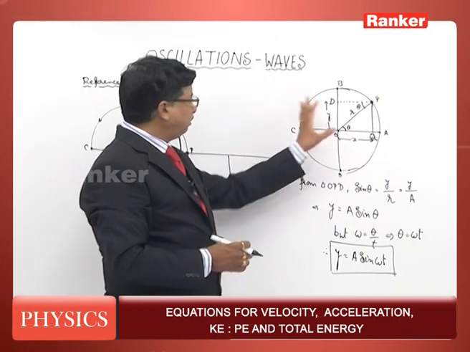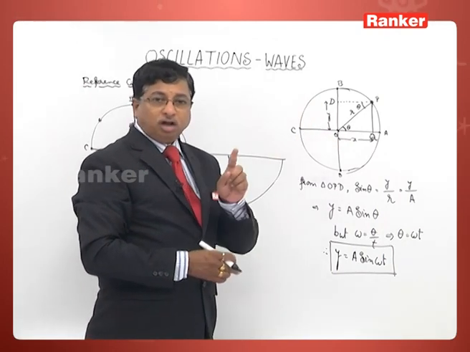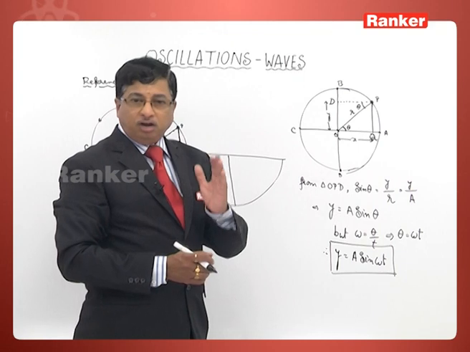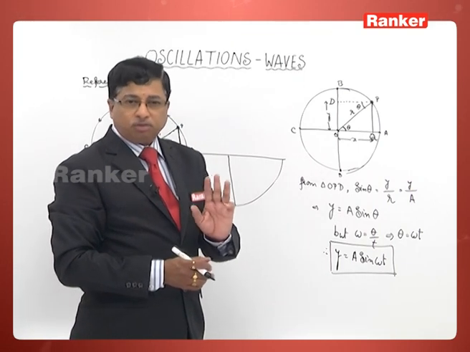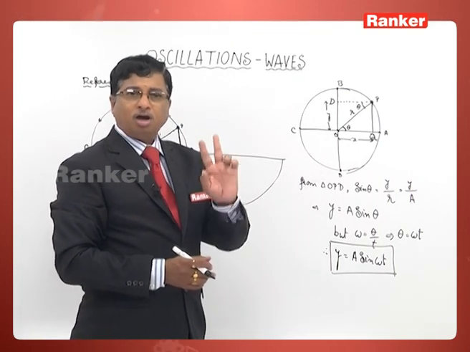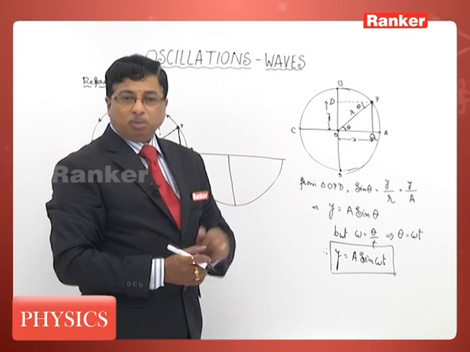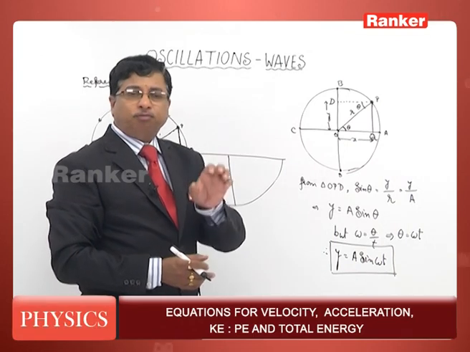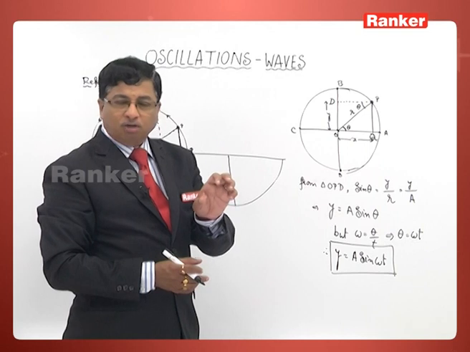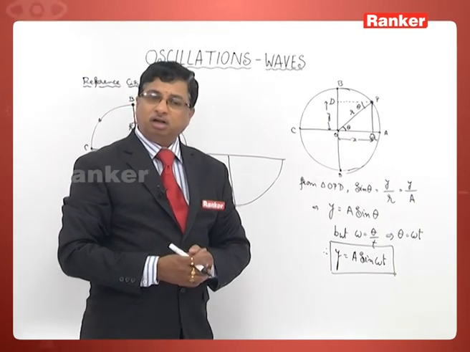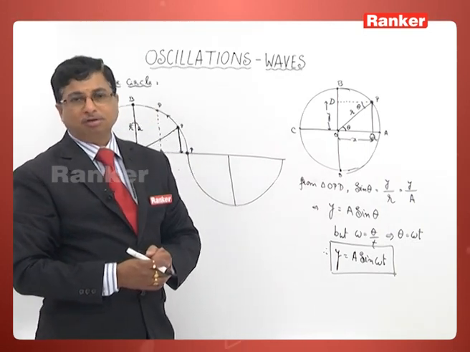So, when we consider this reference circle, it not only gives us the relation between rotatory motion, oscillatory motion and wave motion, but also it can give us the required equation for the displacement of the particle from its mean position.